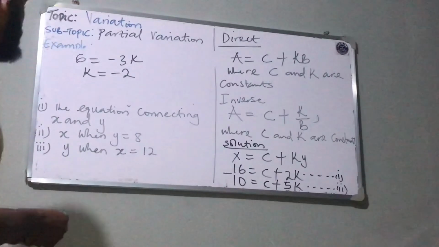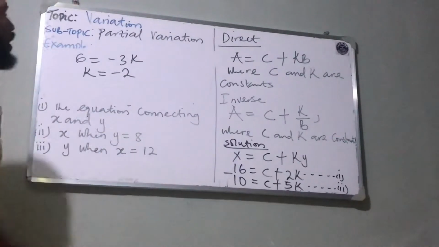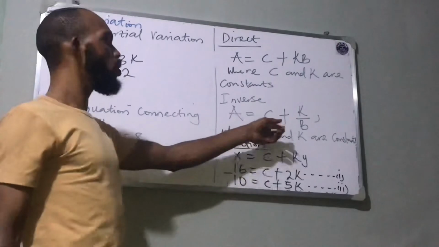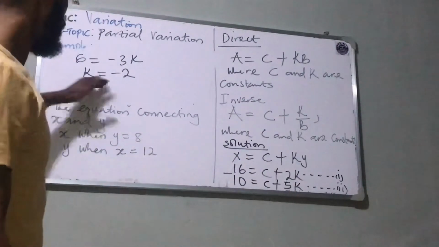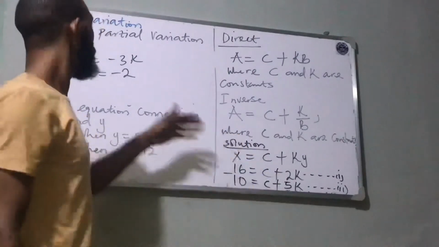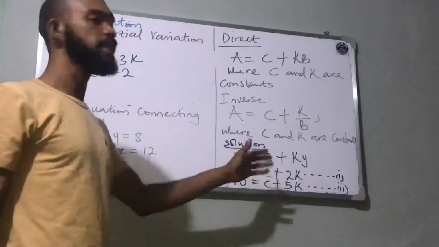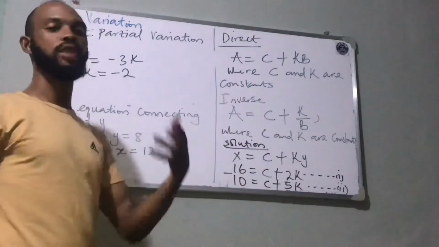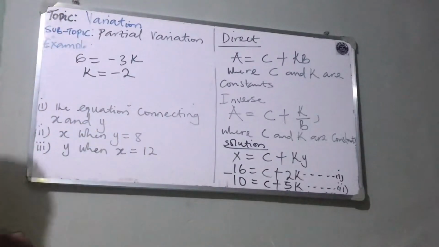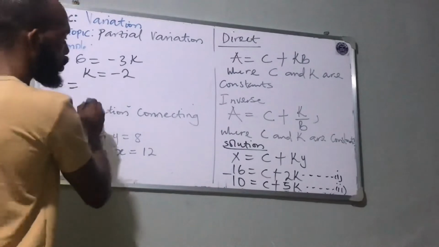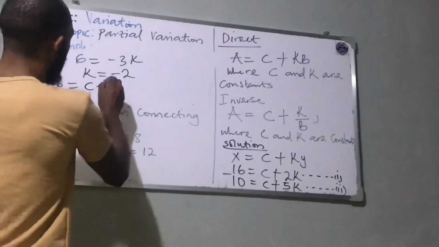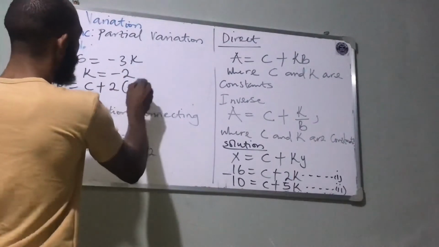So since K is minus 2, they said we should find the equation connecting X and Y. So just quickly go back and put our value of K as minus 2 into equation 1 to get our C, then we'll return to get the equation connecting them. So from equation 1, we have 16 is equals to C plus 2 times K, which is minus 2.